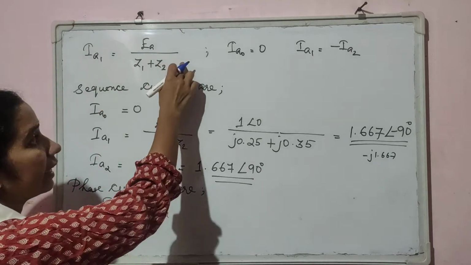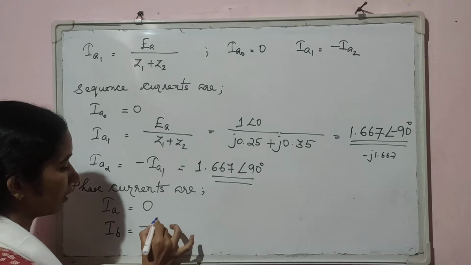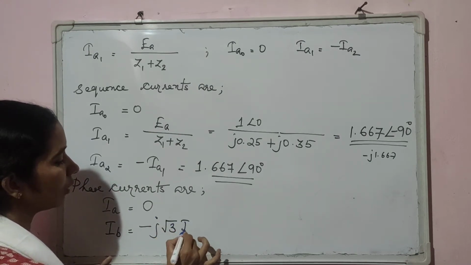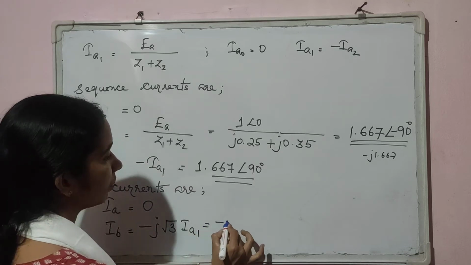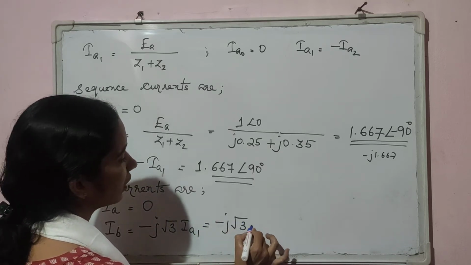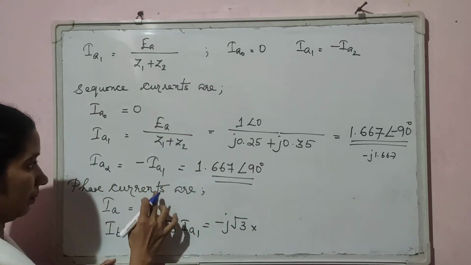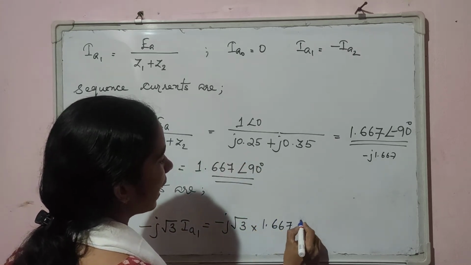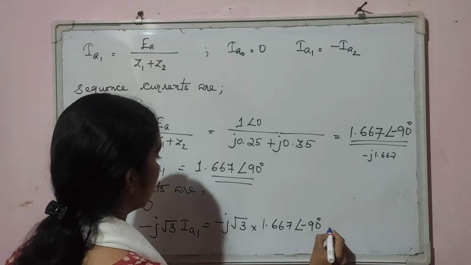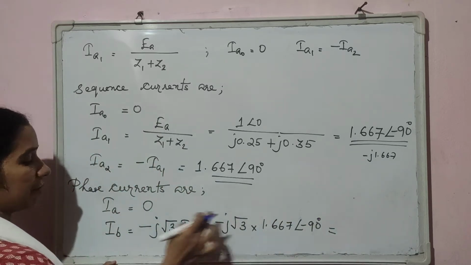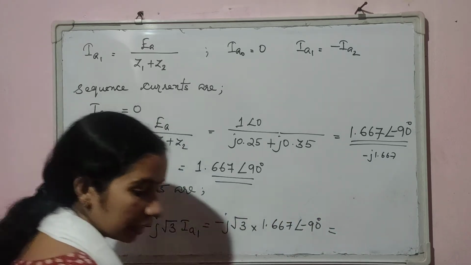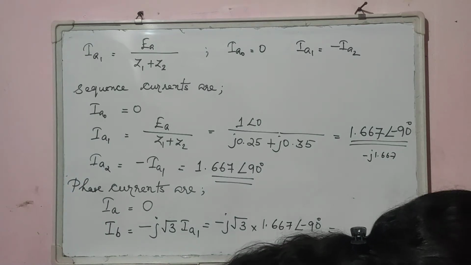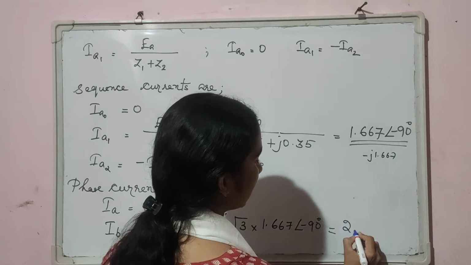So we got IA1, and we can write IB as minus j root 3 into IA1, where IA1 is 1.667 angle minus 90 degrees. So on solving this, we will get the value of IB, and the value of IB for this case is 2.886 angle 180 degrees.